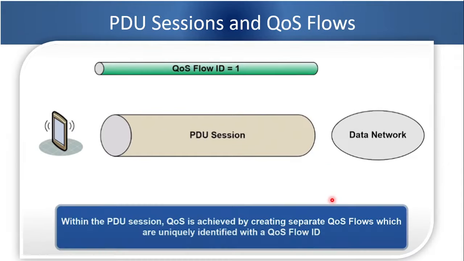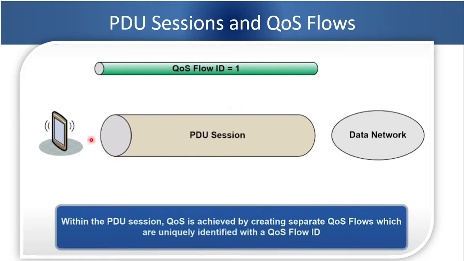Now, if you have one device, it may be using it for multiple types of data. It could be internet data, it could be a voice call, or it could be video streaming. There is a possibility that even simultaneously this device will be using multiple data flows requiring different kinds of quality of service.